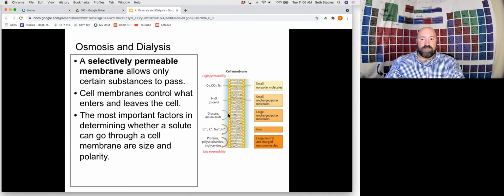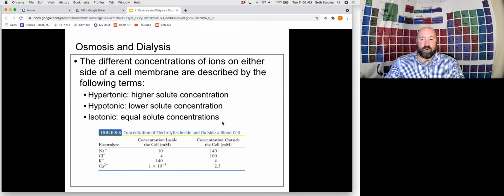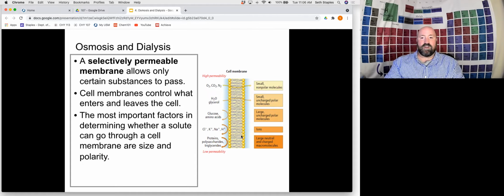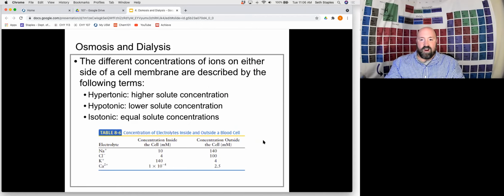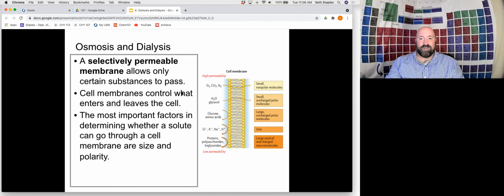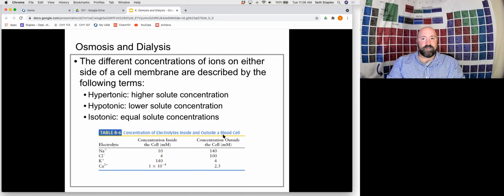Things like glucose and amino acids, very large uncharged polar molecules, or ions, or some of the larger things like proteins and sugars, triglycerides, those have a lot of trouble getting through a membrane. And again, we're going to look at a lot of these factors.